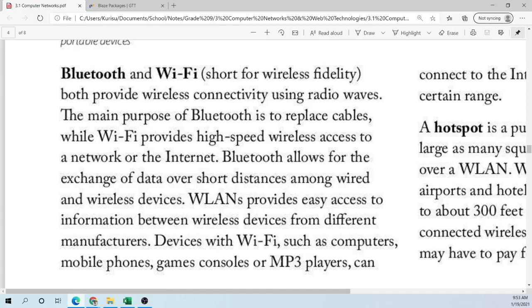So, if you want to quickly transfer a file and both devices have Bluetooth, you don't need a cable anymore. You don't need to be a part of a larger network. Once you form that Bluetooth connection, you make that network connection between the two devices, and you are able to share your data. You can share your pictures, your videos, and so on.